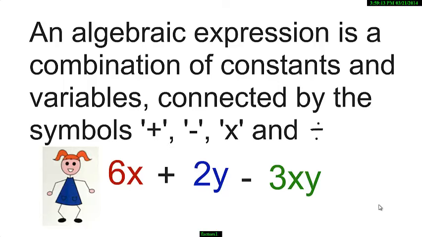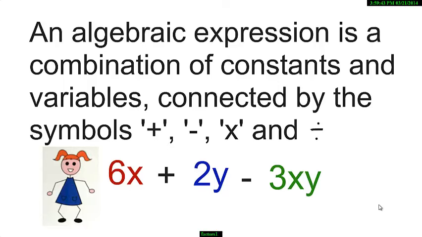An algebraic expression is a combination of constants and variables connected by the symbols plus, minus, into and division. For example, 6x plus 2y minus 3xy is an algebraic expression. The several parts of an algebraic expression separated by the sign plus or minus are called the terms of the expression.